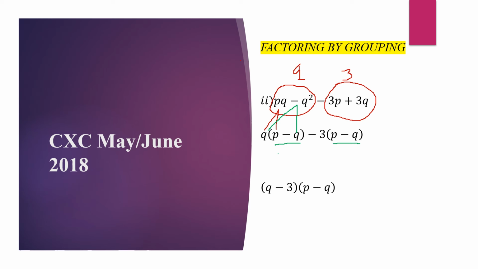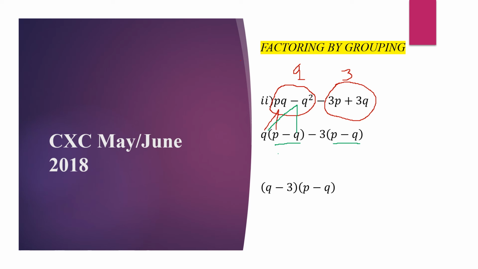This time, we will divide by using P and minus Q because they are in the brackets on this side of the new part of the expression.